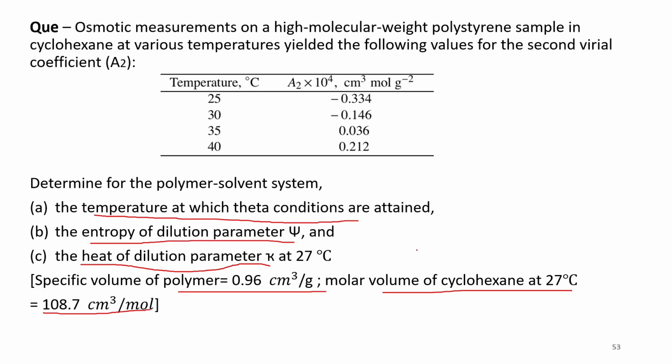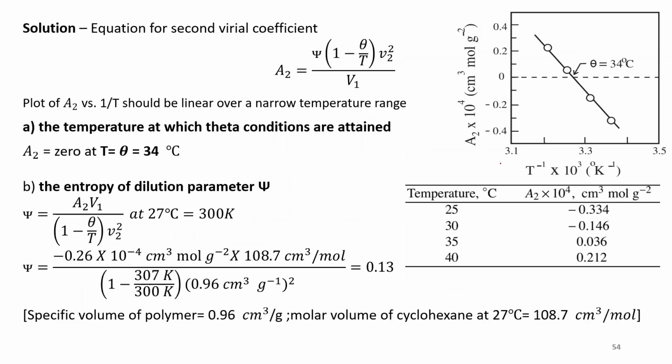So how can we solve this? We need to first calculate the theta temperature, right? And then the entropy of dilution and heat of dilution. We know all the temperature values, and we know the second virial coefficient values, right? So what we can do is first plot. On the x-axis we will have the temperature, and on the y-axis we have A2, the second virial coefficient value.